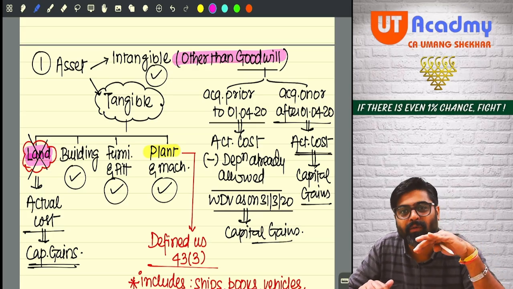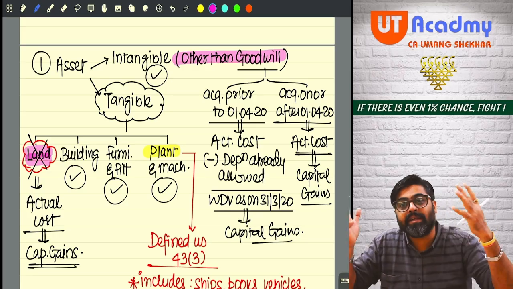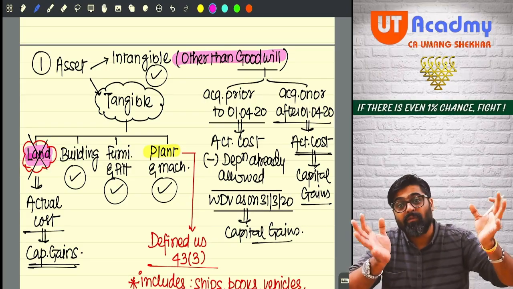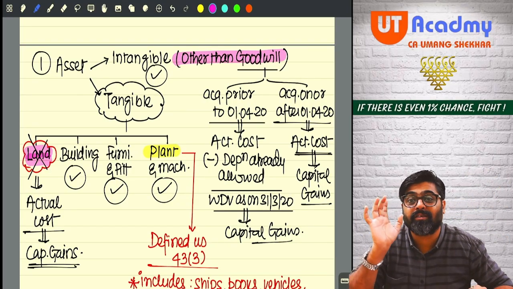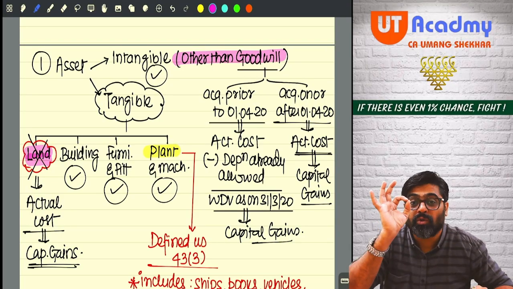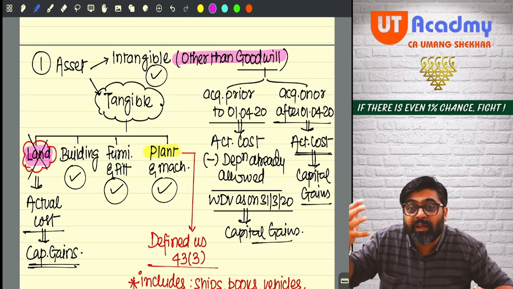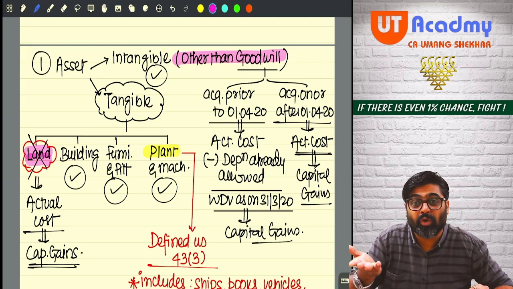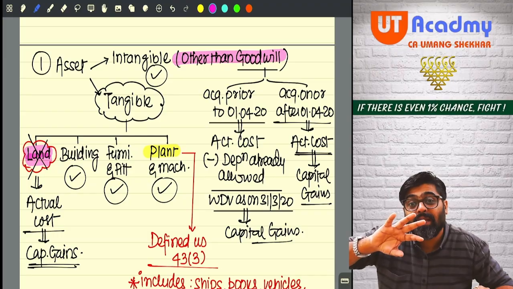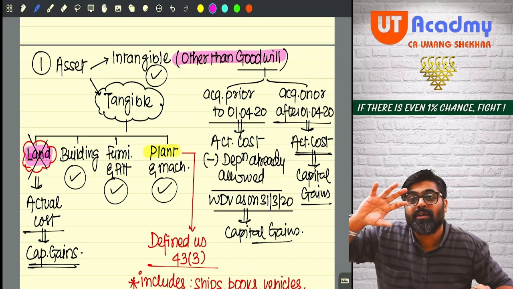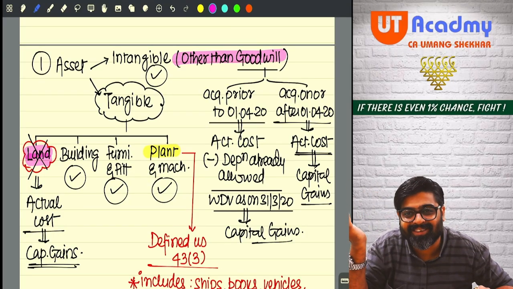You have not acquired these assets with an intention that the value should appreciate. You have acquired these assets with an intention to be used to generate your business income. So any cost incurred on these assets is a cost incurred to generate business income.